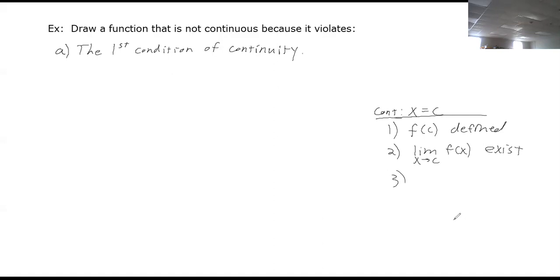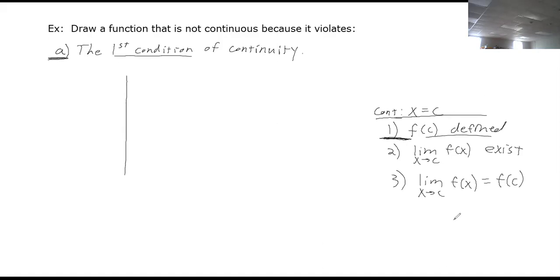Condition number 3 was the limit as x approaches c of f of x must equal f of c. All right, so what do we want up here? We want to draw a function that's not continuous because it violates the first condition of continuity. So the first condition of continuity, f of c is defined. We want a function that's not defined at c.